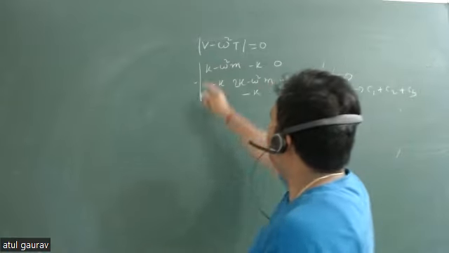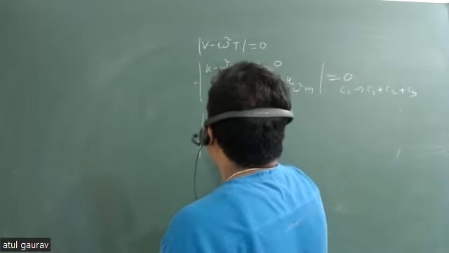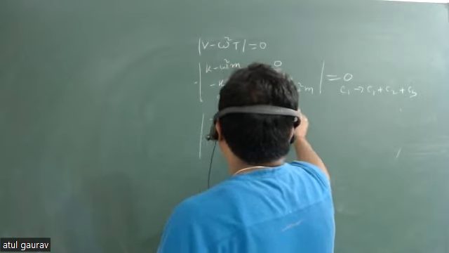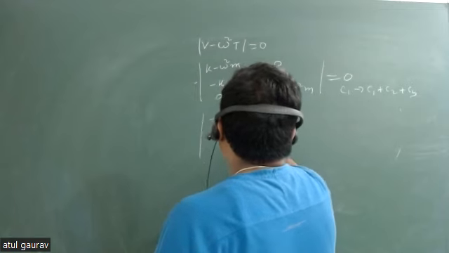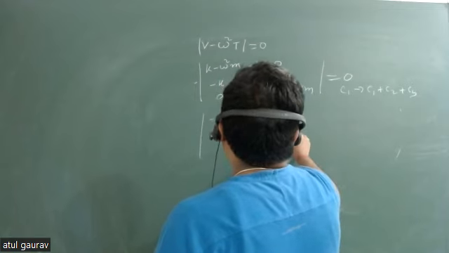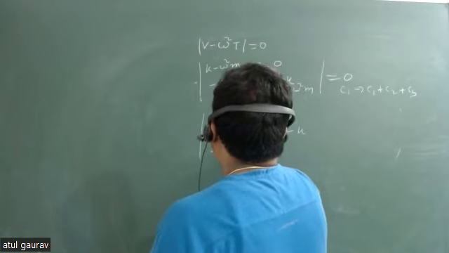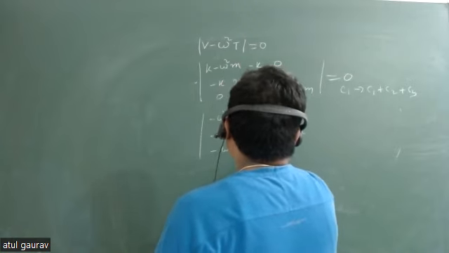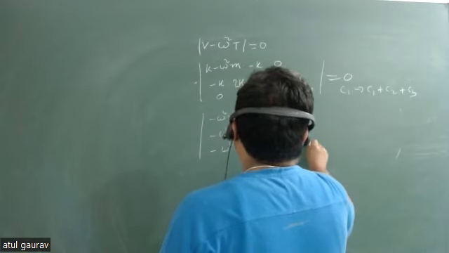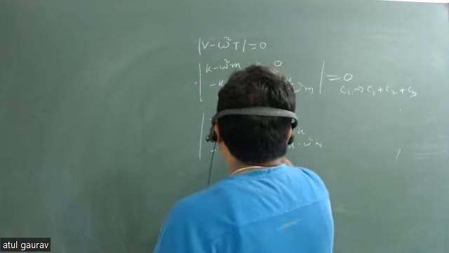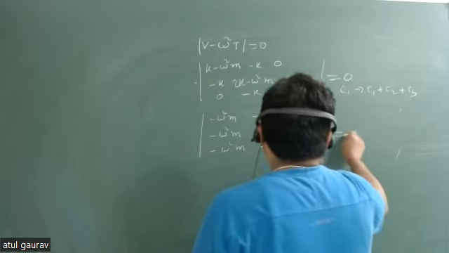When you add all this into C1, you get minus omega square M, minus K, 0, minus omega square M, minus K, and K minus omega square M. Sorry, this is 2K minus omega square M. That must be equal to 0.